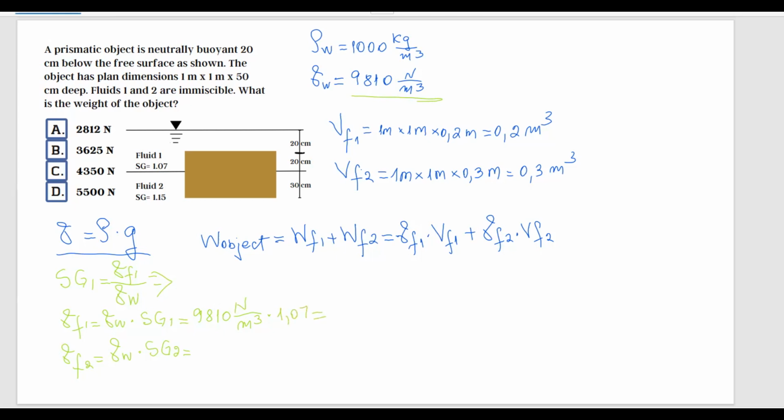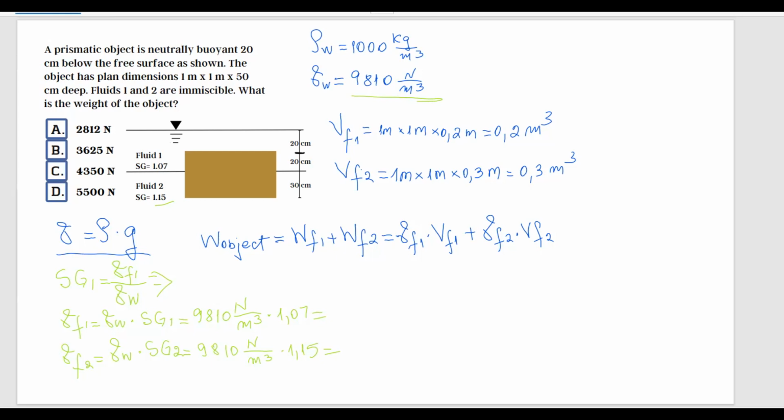And here we're going to say the same thing, 9,810 newtons over meters cubed multiplied by specific gravity of fluid number 2, and we have it as 1.15.